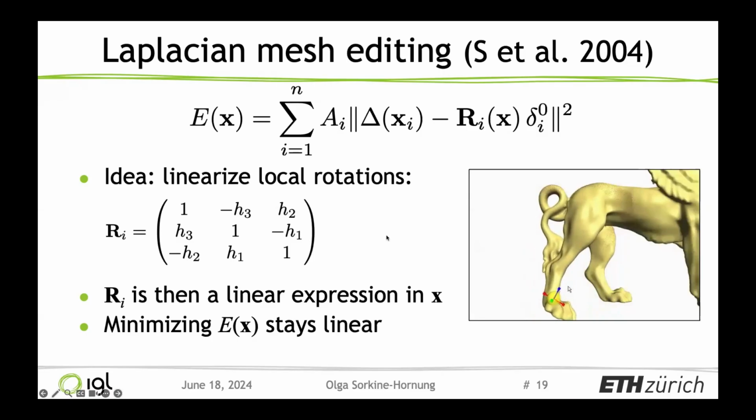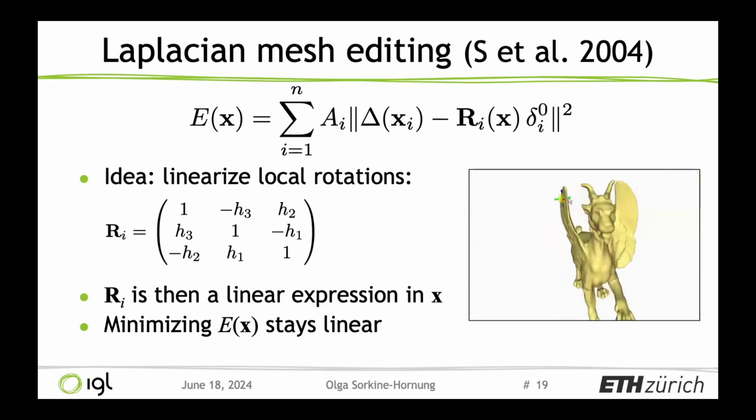And you see the relationship: the conditions on the entries of the matrix are linear conditions, right? The diagonal should be all ones, and the off-diagonal entries should have this relationship that one is minus the other. And so overall, if we plug this expression into the energy, it stays a quadratic expression. So it's a linear minimization overall.